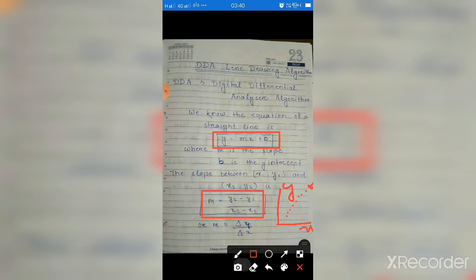Here y2 minus y1 is also known as delta y, and x2 minus x1 is known as delta x. In other words, m equals delta y by delta x.